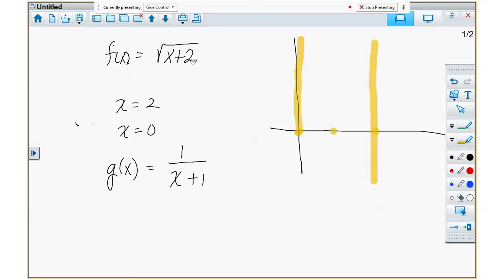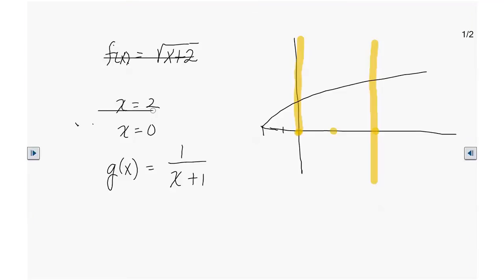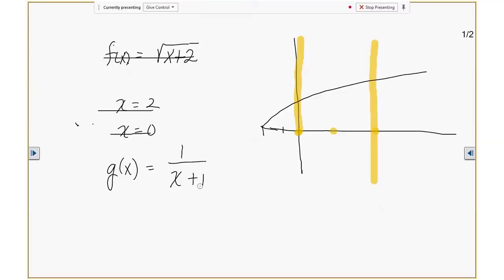Well, the plus 2 means a horizontal shift of 2 to the what? Left. So 1, 2. I'm just sketching this. And then 1 over x would be some kind of volcano, half a volcano, right? But the plus 1 is the horizontal shift to the left, so that's going to be over here.